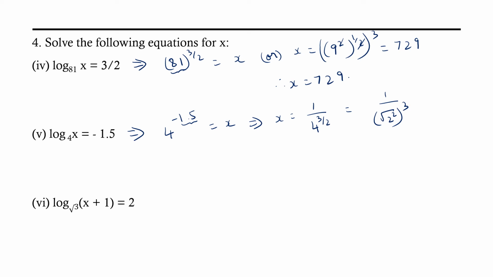Now 4 is 2 square, the whole raised to half is root. So this root and the square will go. We have 1 by 2 cube, which is 1 by 8. So x is equal to 1 by 8.